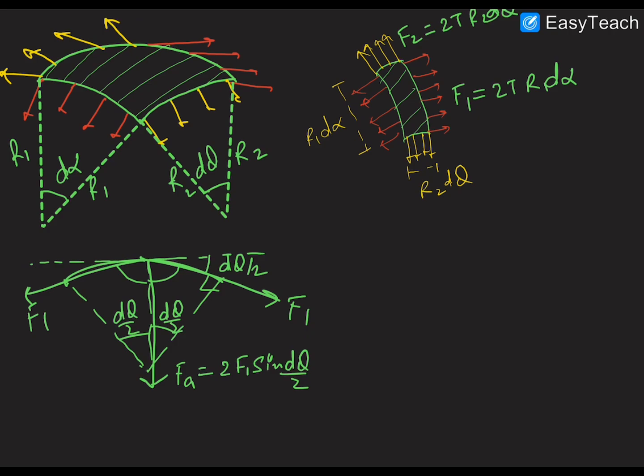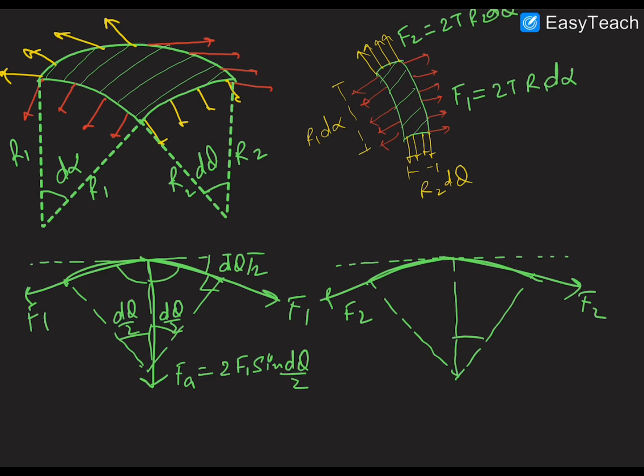Now if we draw this other curved surface and draw the tangent like this, this surface is being pulled by the force F2 from both sides. So this is F2 and this is F2, and this half angle is d alpha by 2.